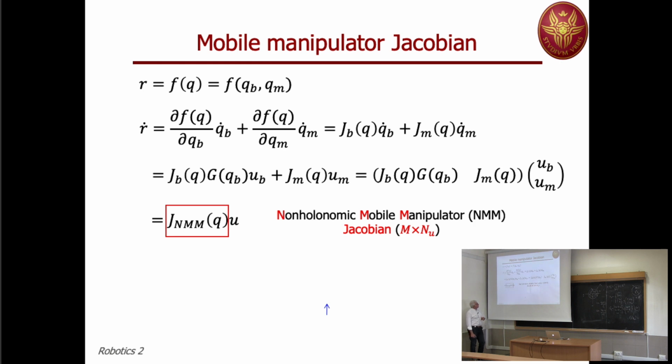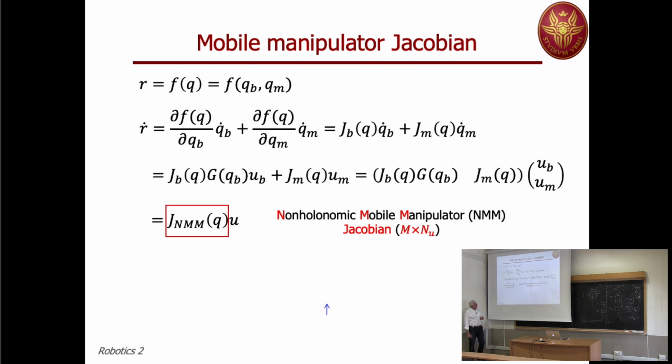So Jb times qb dot plus Jm times qm dot. However, qm dot are directly actuated, so we simply replace qm dot with the commands um, while the motion of qb is subject to the nonholonomic constraints, so to a kinematic model like the one that we derived on the blackboard. So we replace qb dot with the matrix G of qb times ub.